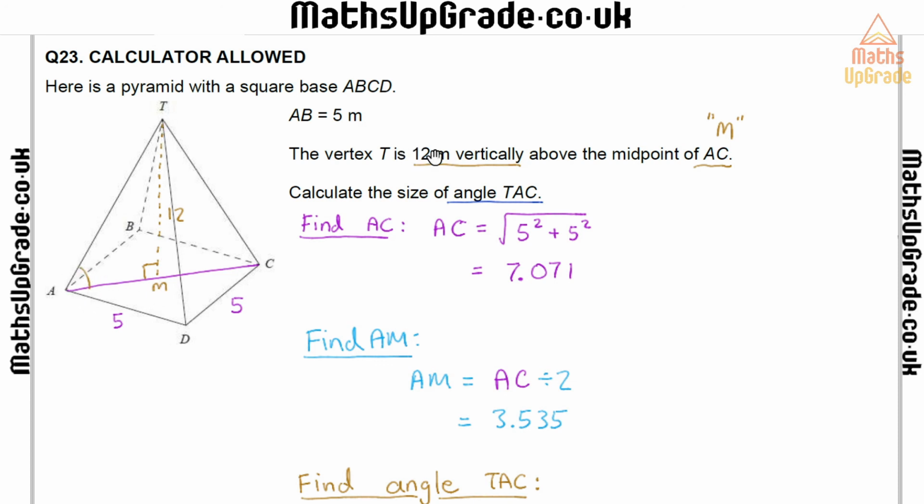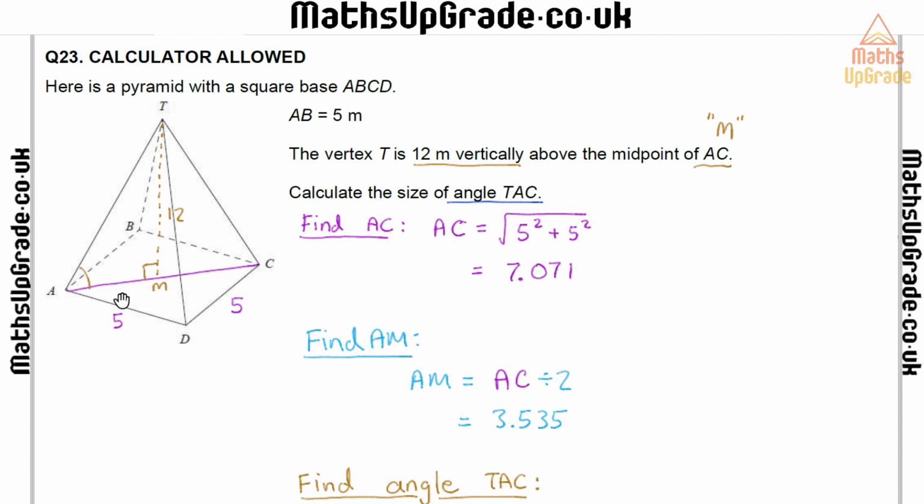Here's the 12 meters labeled vertically above the midpoint of AC. And so this here must be a right angle, since AC is horizontal and TM is vertical. To find AC, I'm going to use Pythagoras, since AC is part of a right angle triangle, since ABCD is a square.